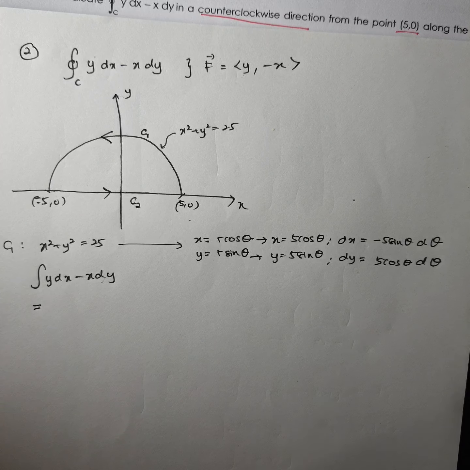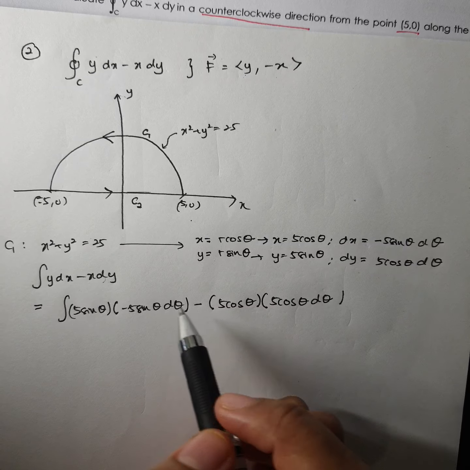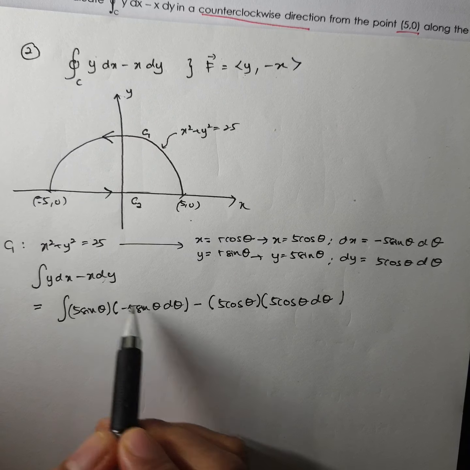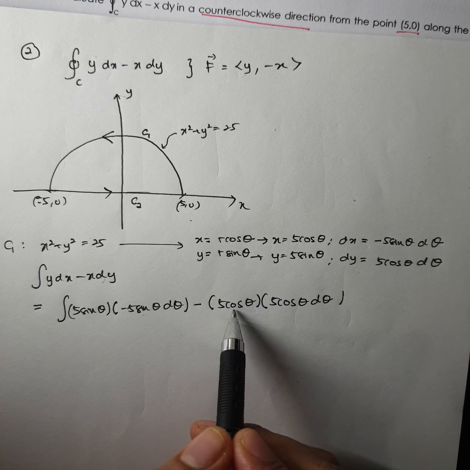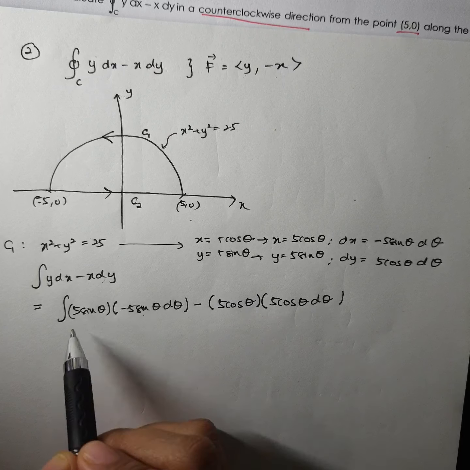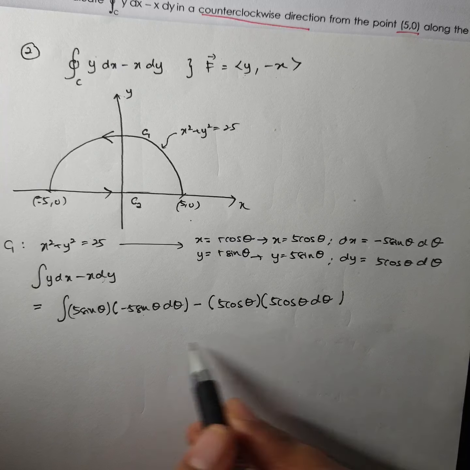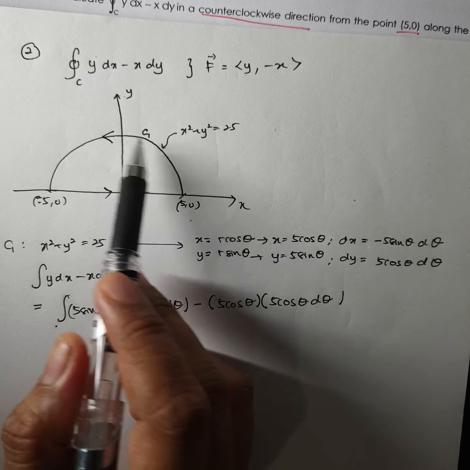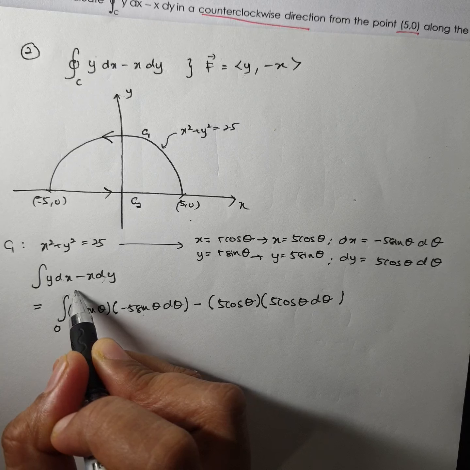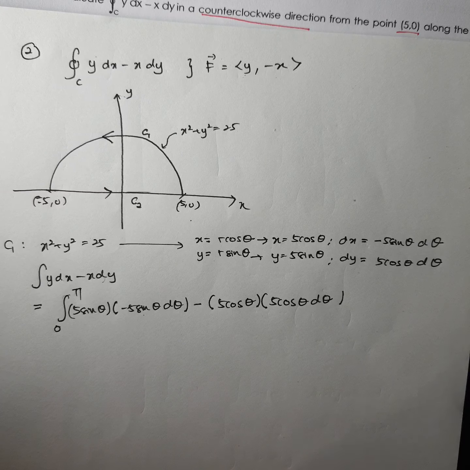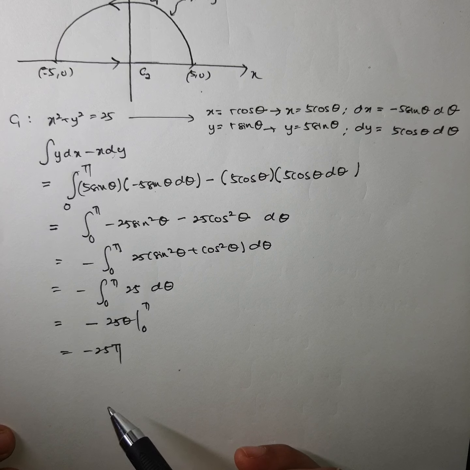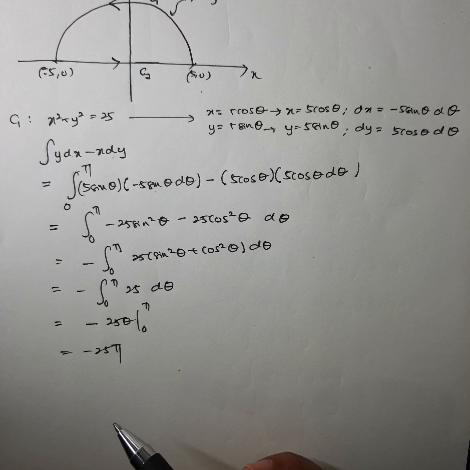What you will have, okay, so you will get this. So it means y becomes this, this is dx, minus x dy. Okay, so simplifying this. Before you simplify, you have to see what your range actually is. Your range, you look, it is half of a circle, so it's from 0 to pi. Alright. Okay, proceed with integration. So in the end, you have it equals negative 25 pi.